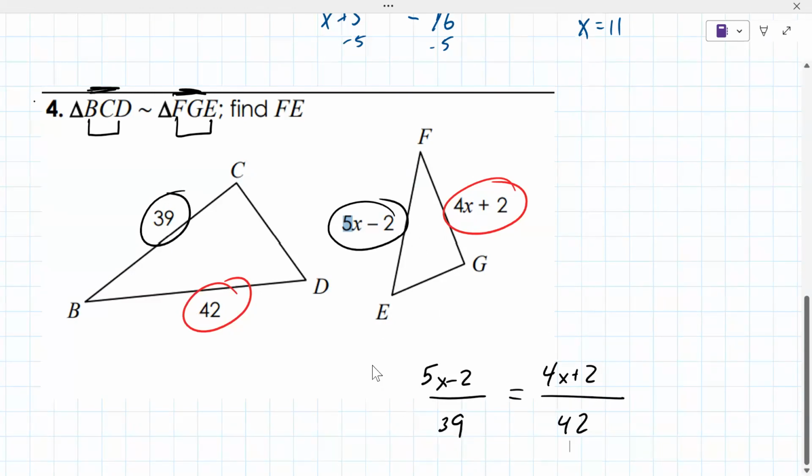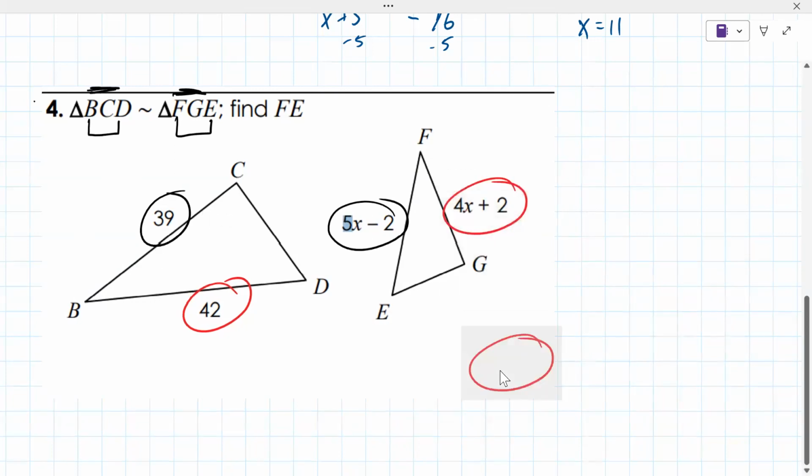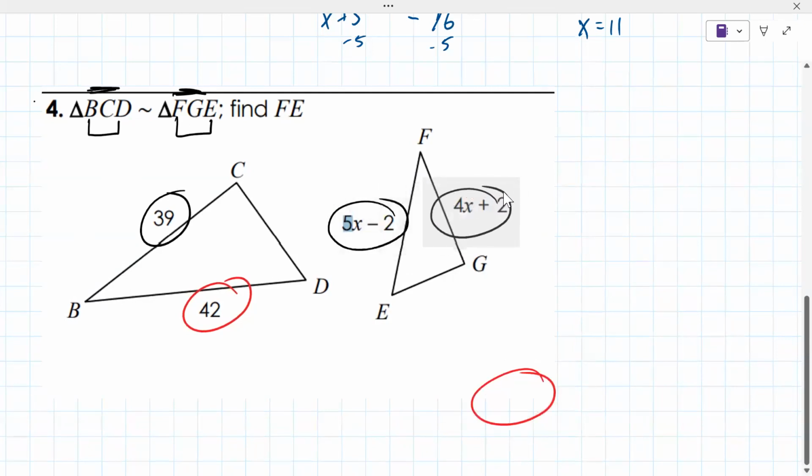I got this wrong. I apologize. Why did I do that? Sorry, let me back up here. BC goes with FG. Well, I really messed that up. BC goes with FG.